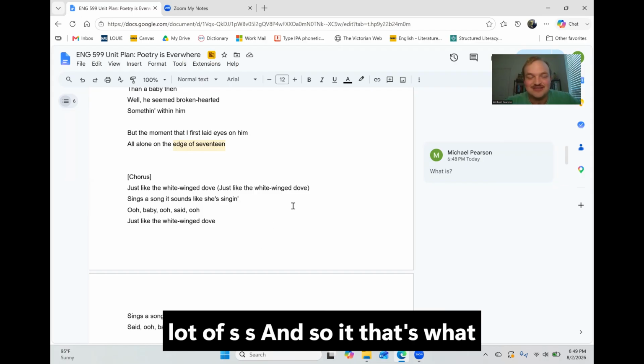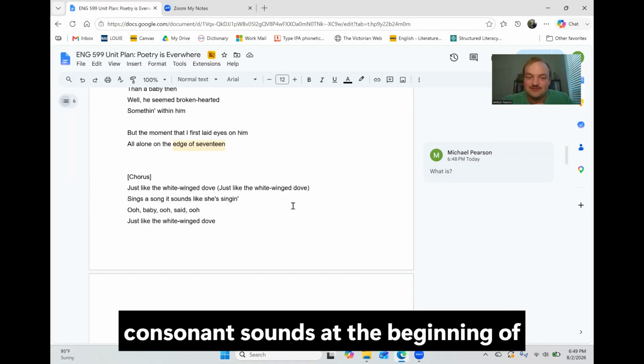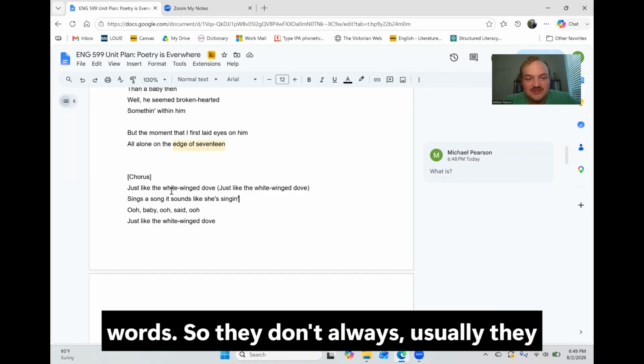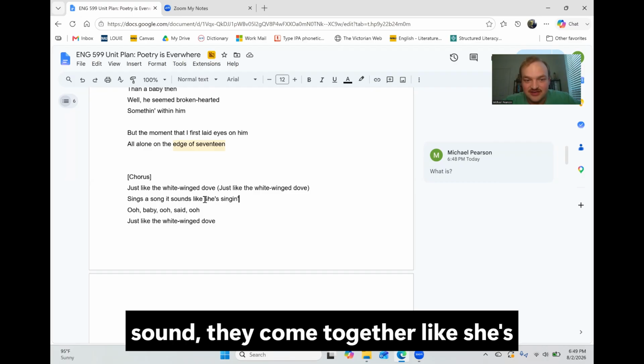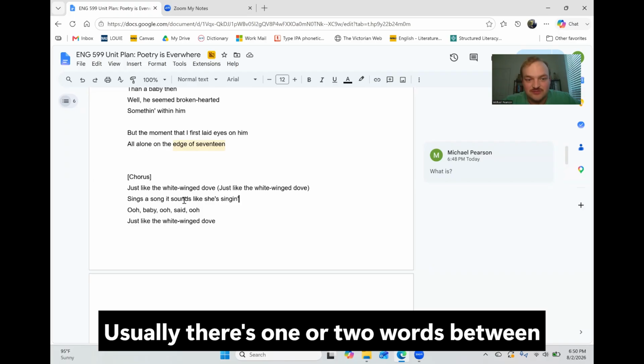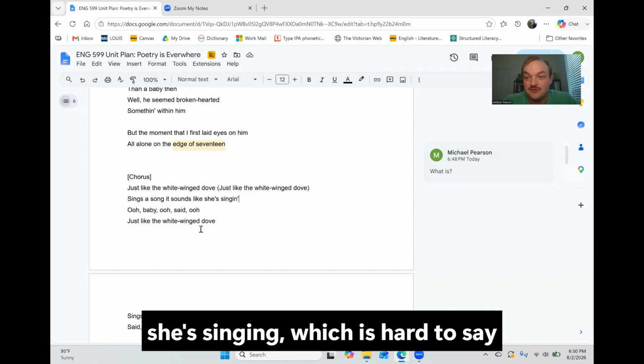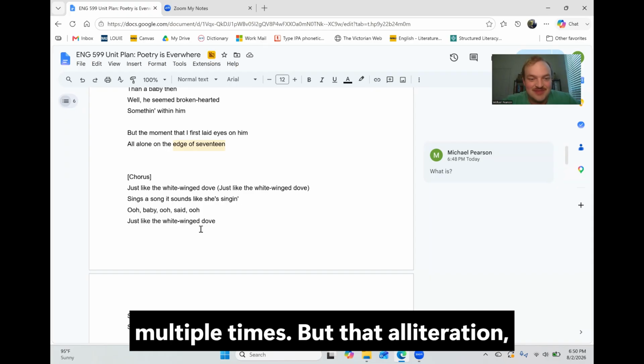And that's what alliteration is: the repeated consonant sounds at the beginning of words. Usually they come together like "she's singing," but they don't always have to. Usually there's one or two words between them. "Sings a song, it sounds like she's singing," which is hard to say multiple times.